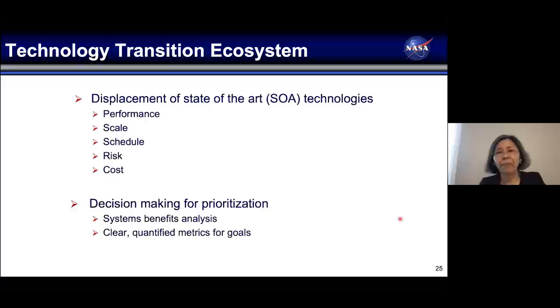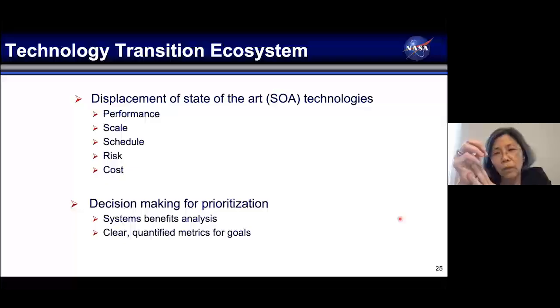And what we learned from that is that if we're going to transition a technology into the ecosystem, what it really does is displace a state-of-the-art technology, so we have to match or actually outperform state-of-the-art. We have to have the material available at scale, meet a schedule, mitigate risks, and be at an acceptable cost.